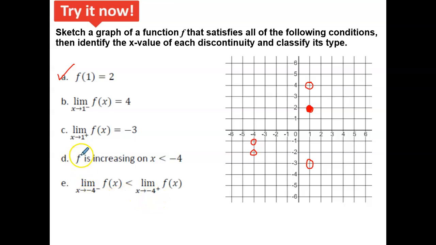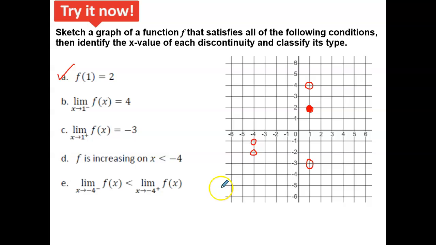But back to D, the function is increasing over the interval x is strictly less than negative 4. So coming for x less than negative 4, that's coming from the left side. So my left-sided interval was the smaller one, and my function has to increase up to that point.